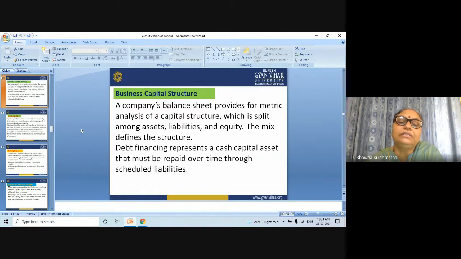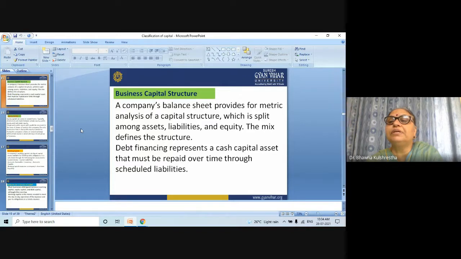Debt financing represents cash capital that must be repaid over time through scheduled liabilities, and equity financing, meaning the sale of stock shares, provides cash capital that is also reported in the equity portion of the balance sheet.